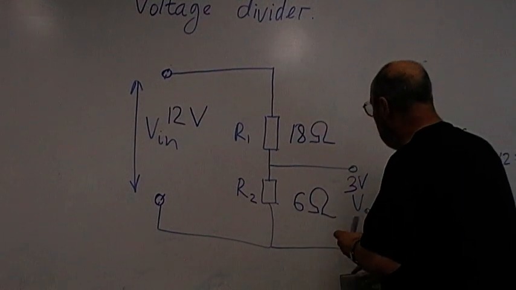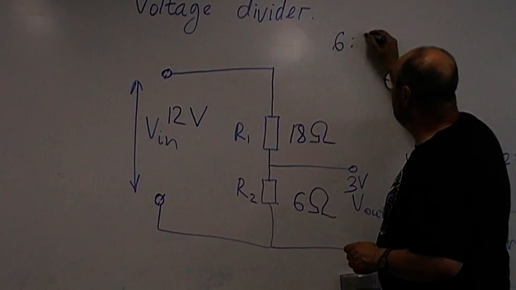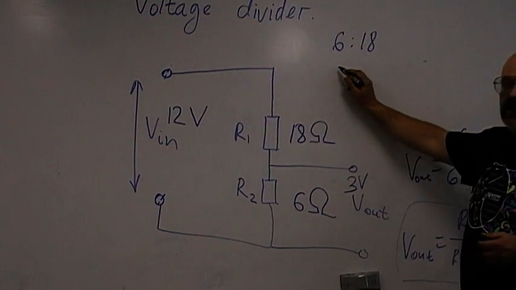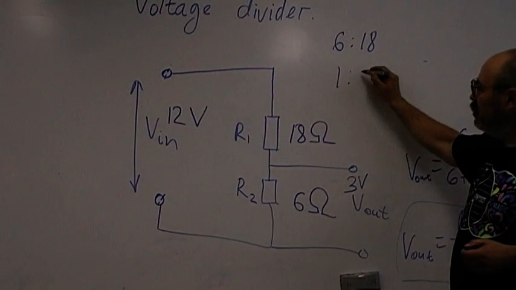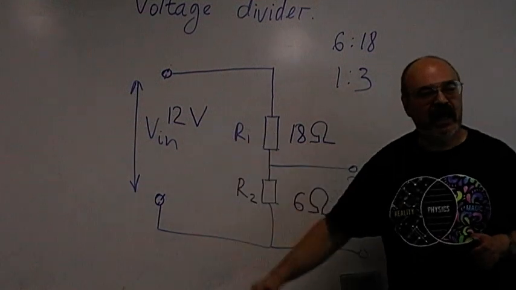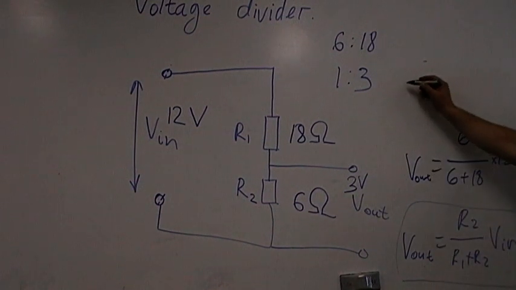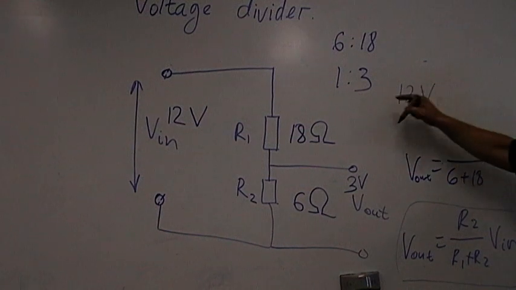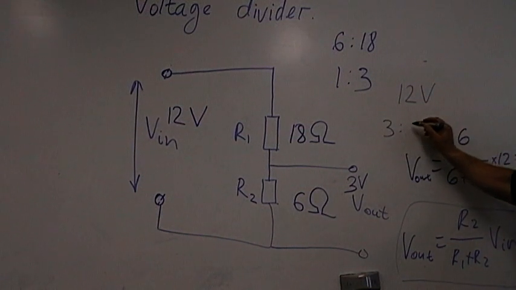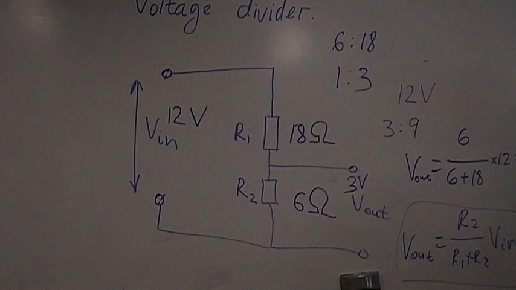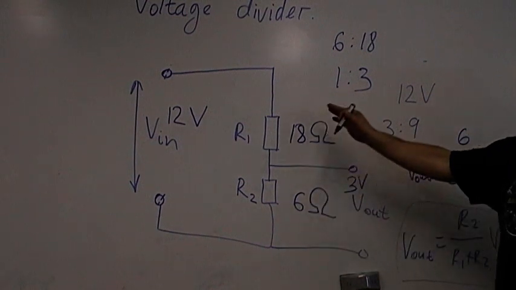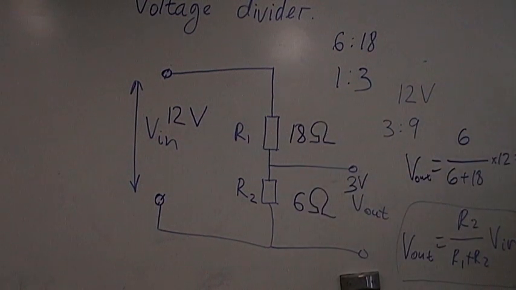We have 6 to 18, which simplifies to 1 to 3. Can we divide 12 volts in a ratio of 1 to 3? Yes. It will be 3 to 9. So we have 3 volts here, 9 volts here.